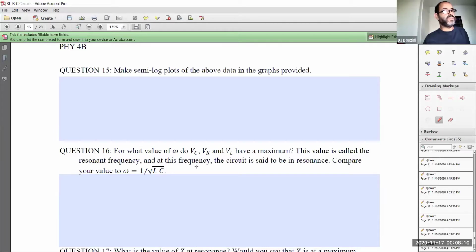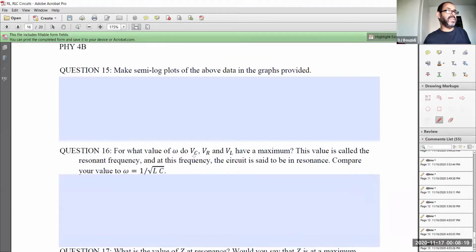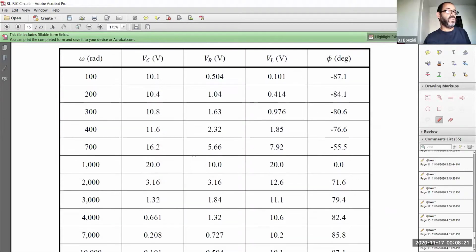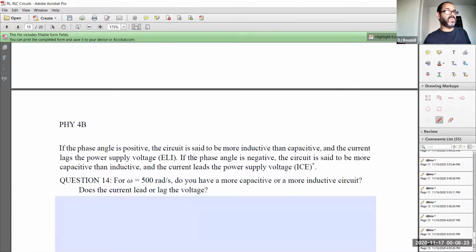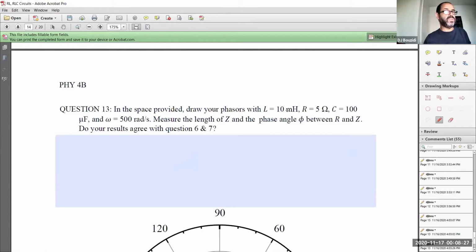This value is called the resonant frequency, and the circuit is said to be resonant. Compare the value to omega. Oh, I'm sorry. You still have to use the same previous values because you need to compare that resonance frequency with the values that were given to you from before. Namely, L is equal to 10 millihenry, R is equal to 5, and C equals 100 microfarads. But omega is changing now.